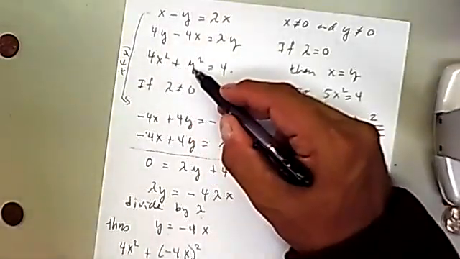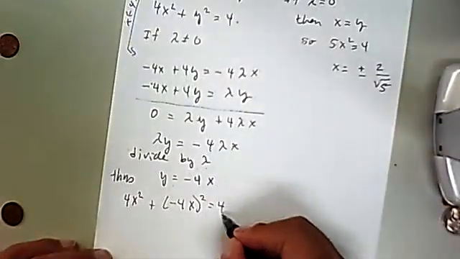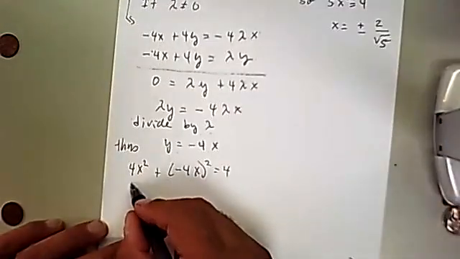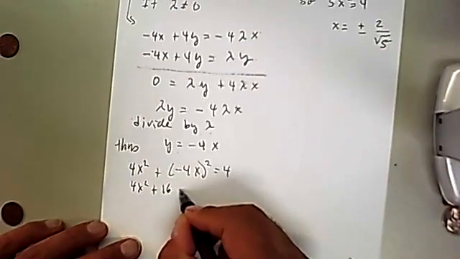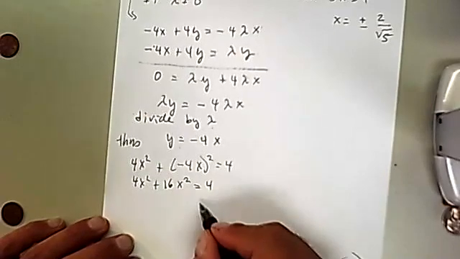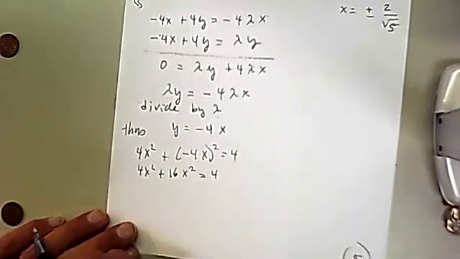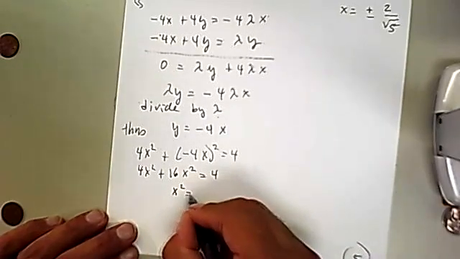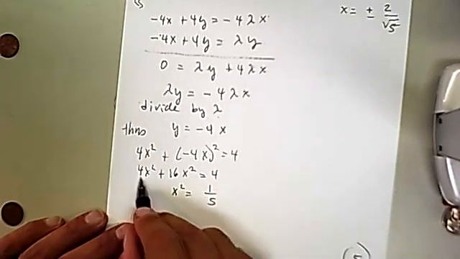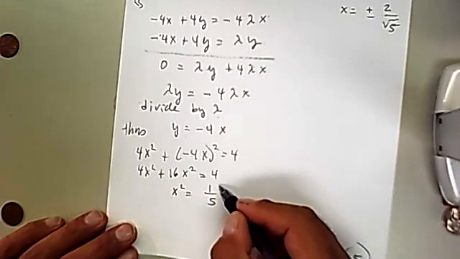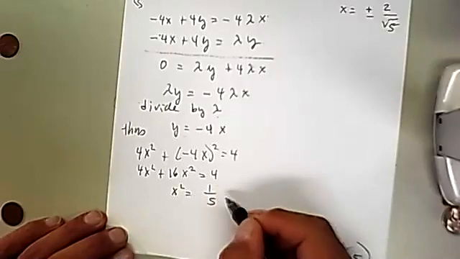So 4x squared plus 16x squared equals 4, which means 20x squared equals 4. So divide by 20, simplify the 4s, we end up with x squared equals 1 over 5. Again, 4 plus 16 is 20, x squared. Divide by the 20, 4 divided by 20 is 1/5. And then we take the square root.